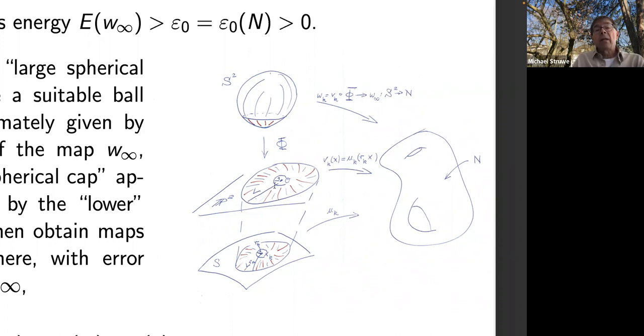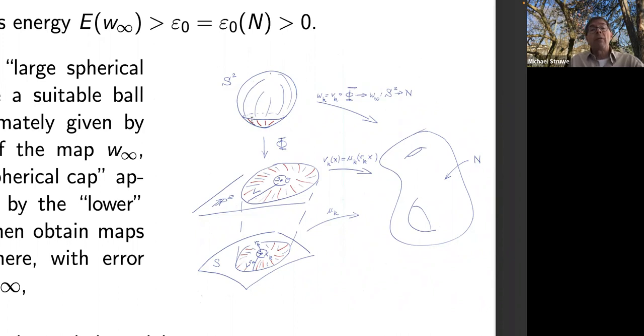And as L tends to infinity, the domain now will exhaust the whole of R2, and we get a map defined in the limit on all of R2. Now this limit map we lift to the sphere by a stereographic projection to obtain this W infinity.